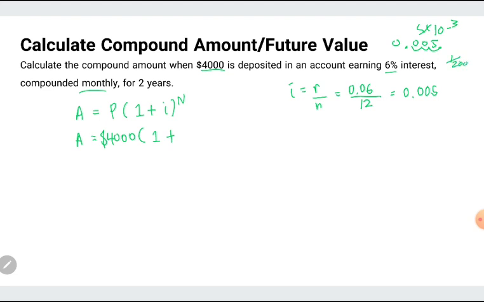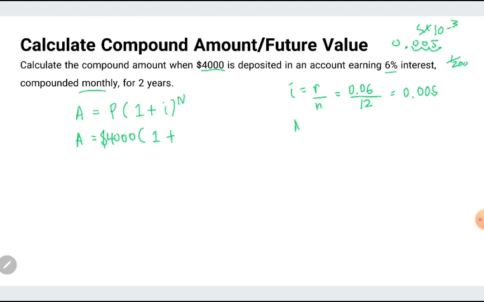Just click the S to D button above the delete function to get the 5 times 10 to the negative 3, which just means you move the decimal 3 places to the left. So 0.005.